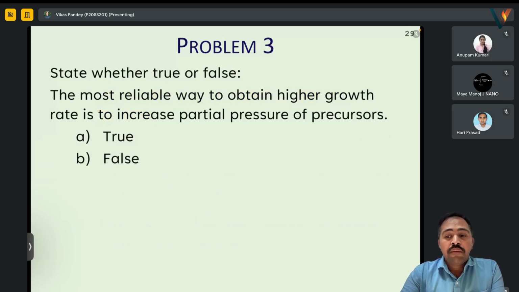Where we have to state whether this is true or false. The most reliable way to obtain a high growth rate is to increase the partial pressure of precursors. True or false? We want to increase the growth rate.